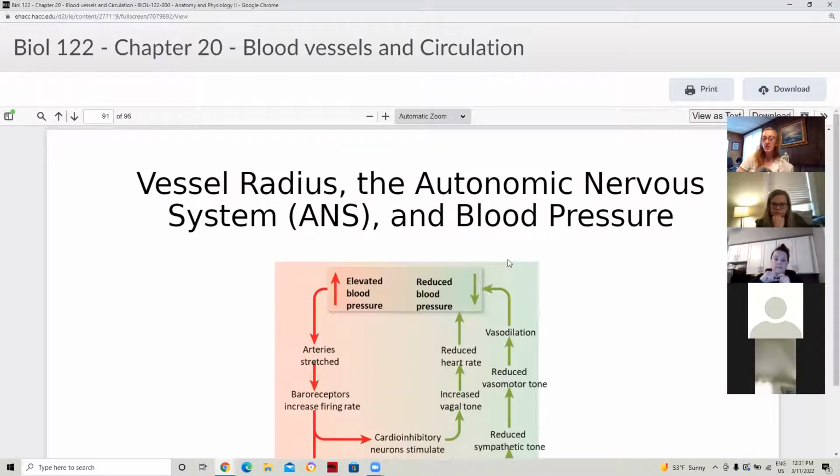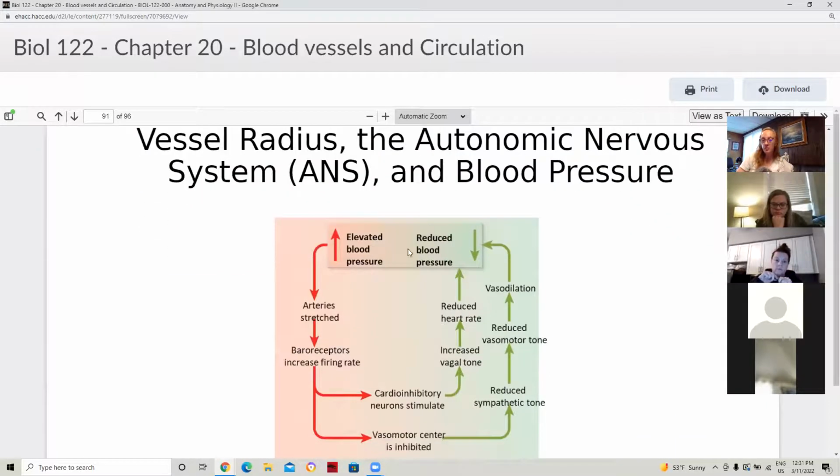But vessel radius, the autonomic nervous system, and blood pressure. So with elevated blood pressure, arteries get stretched, like the carotid artery, carotid sinus and the aortic arch. Those baroreceptors start to fire.